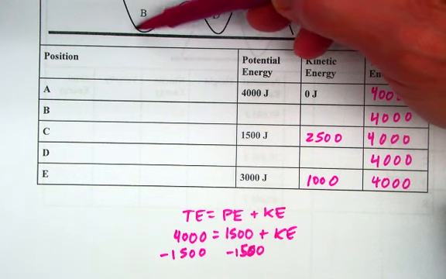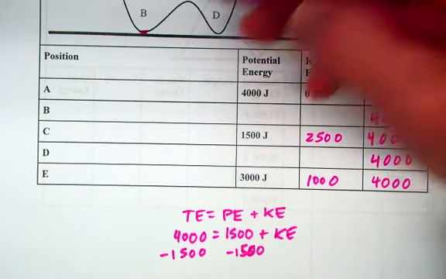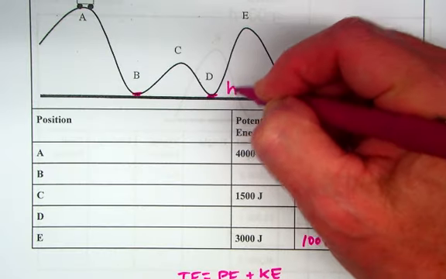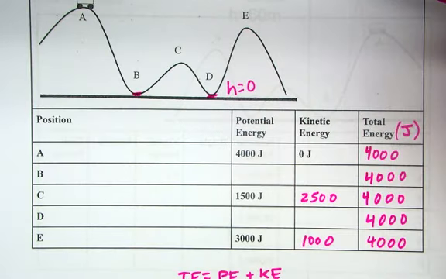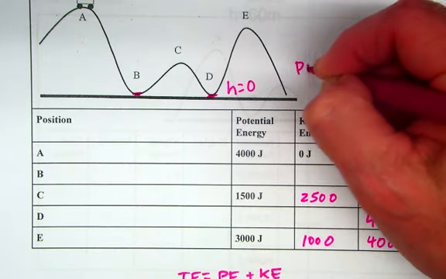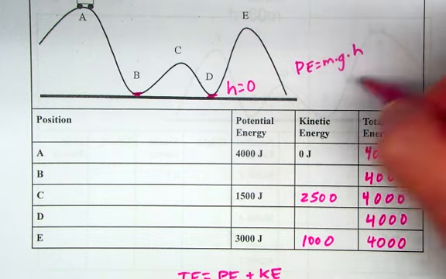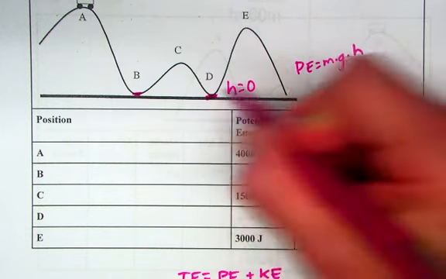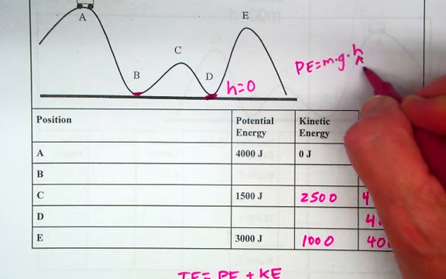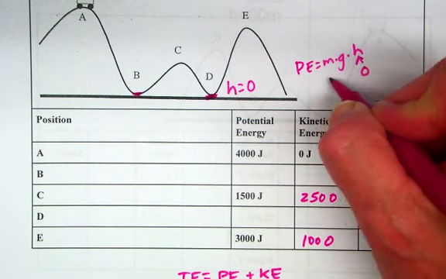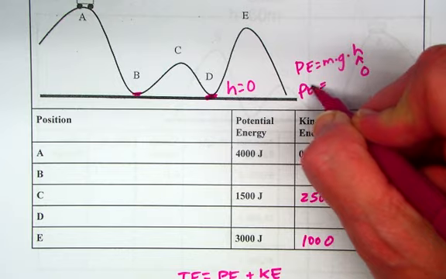If at B, I'm at the bottom of my hill, one of the other things you can conclude from these problems is that the height at the bottom of the hill is considered to be 0. So if I look at my potential energy equation, I can figure out what that is from that one fact. Because if there's zero height, then everything multiplied by 0 is going to give me 0 potential energy.